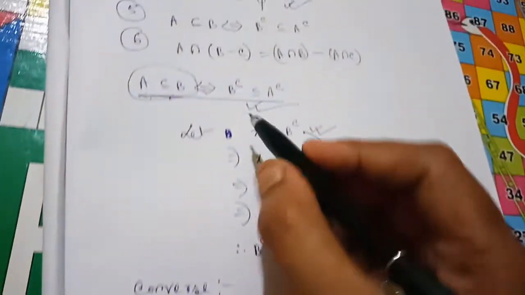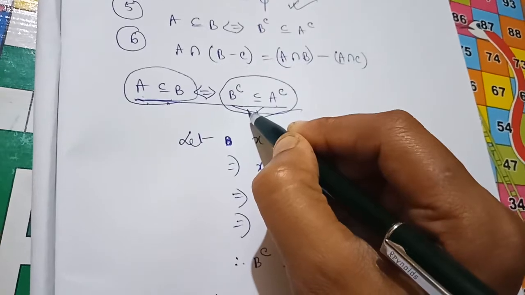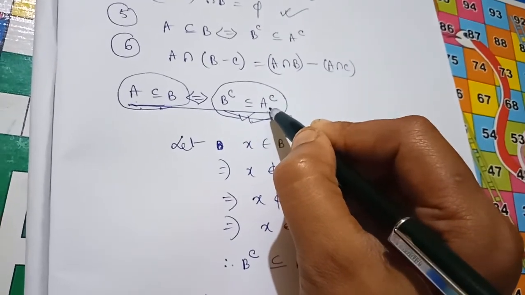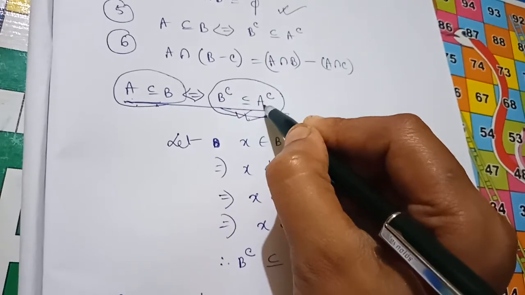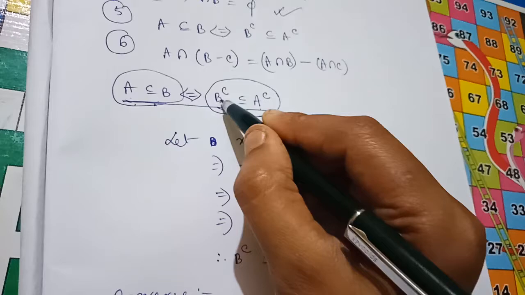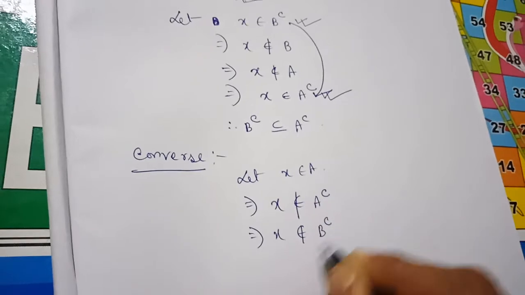Now we have taken this as the condition. So if an element x doesn't belong to the bigger set, it will never belong to the smaller set. So we can say x doesn't belong to B complement.